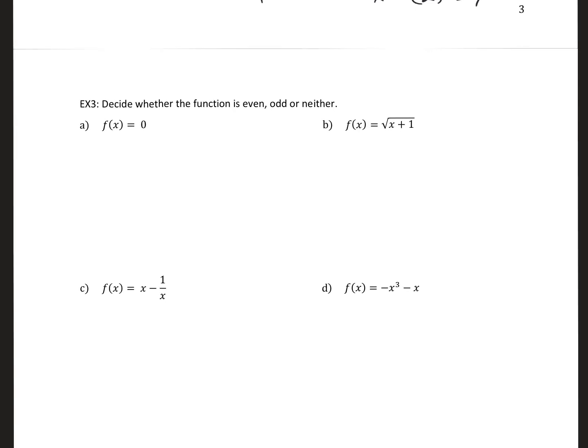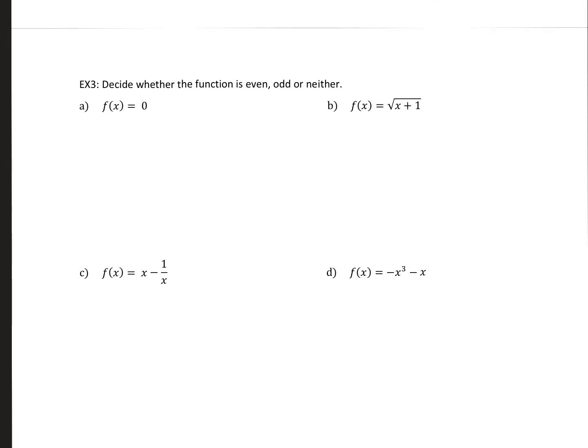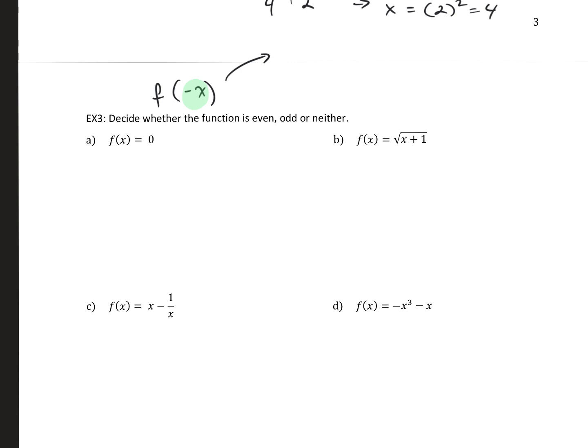So now let's go ahead and determine whether the function is going to be even, odd, or neither. And again, how do I do that? Well, the test is to plug in a negative x into my function. And then, depending on the outcome, we know if it's even, odd, or neither. So if, when we plug that in, we get just f of x right on back, then we know it's going to be an even function.